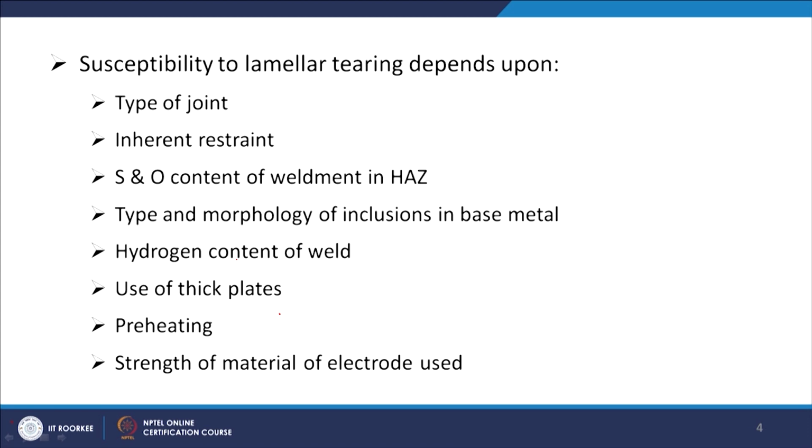Then you also have to adopt those methods by which you can ensure that the hydrogen content of the weld will be reduced. There are many ways of reducing the hydrogen content of the weld.